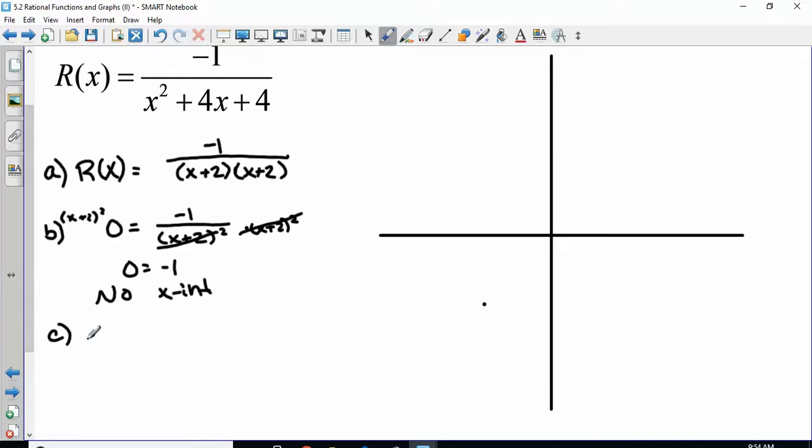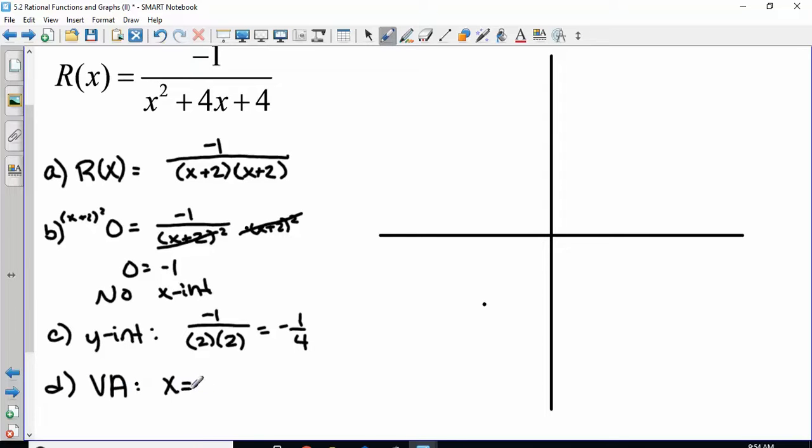How do we find the y-intercept? So if we put in zeros for all of our x's, it doesn't matter if you use the original or your factored one. 0 plus 2 is 2 times 2. So that's -1/4. Then I want my asymptotes.